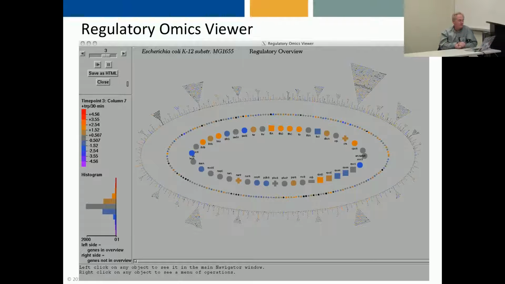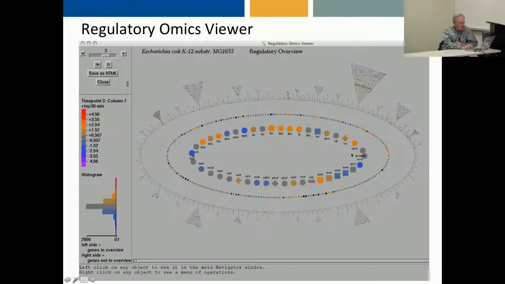Now here's a use of the same diagram, but to show a gene expression data set. Now here we don't have any of the lines displayed. We just have our 3 rings of genes. But in this case, we're coloring the 3 rings to show the expression levels that have been measured in a genome-wide transcriptomics experiment, where in one experiment, a biologist is measuring the expression levels of every gene in the organism, perhaps over time or in response to some changing environmental conditions for the organism.